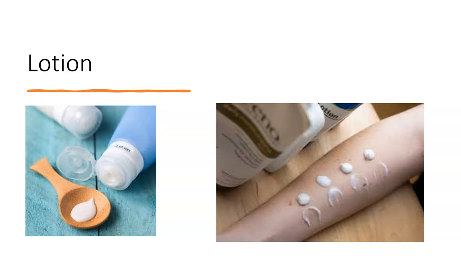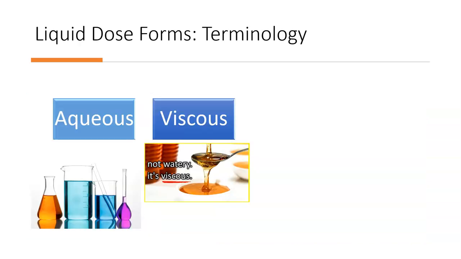So when we're talking about that thickness or viscosity, an ointment is the most viscous and a lotion is the least viscous. Creams are going to be a little heavier than a lotion, and then ointments are definitely much heavier than a cream. So again, those terms.